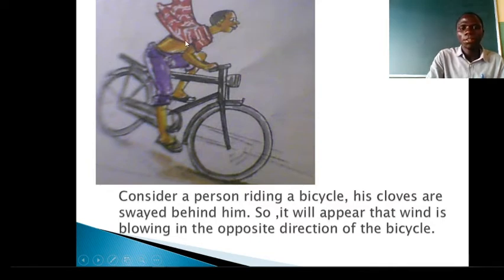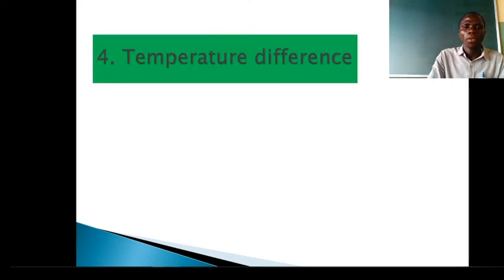This is because wind is blowing in an opposite direction compared to the direction of the bicycle. This is what happens on winds when they cross the equator. As the earth moves from west to east, winds will move from west to east in opposite direction. This is deflection of winds.